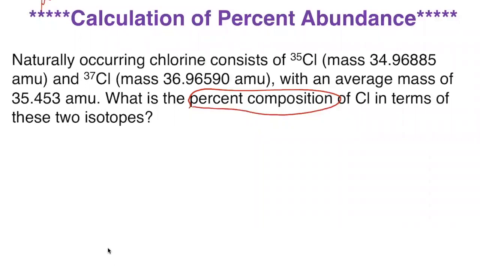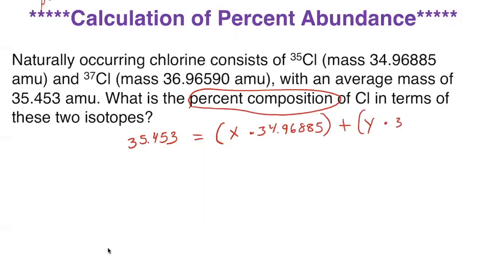The idea is that you solve it as an algebra problem. So they're giving you the average. So the average is 35.453 equals, you don't know the percentage, so let's call that X, times the mass, which is 34.96885, plus, you don't know the percentage of the second isotope, so we're going to call it Y, times 36.96590.